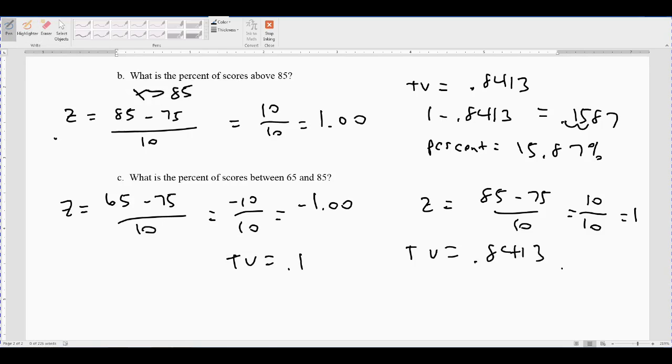I forget what it was. 0.1587. So, since it's the in-betweener, what are we going to do?